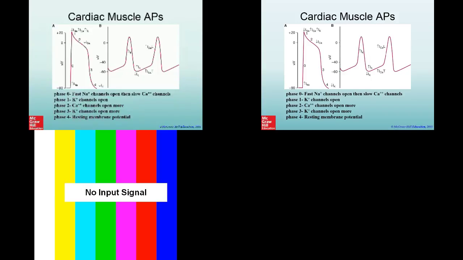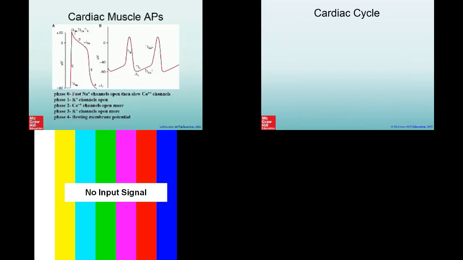And of course, once the calcium channels close, phase 3 repolarization occurs. And then you're back to phase 4 and start it all over again. This will happen roughly 70 times a minute in your heart.